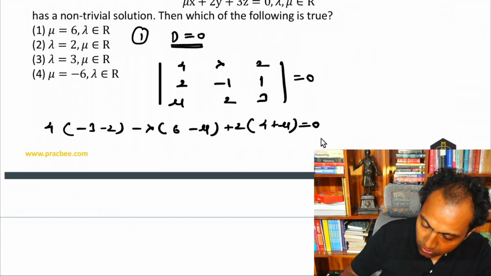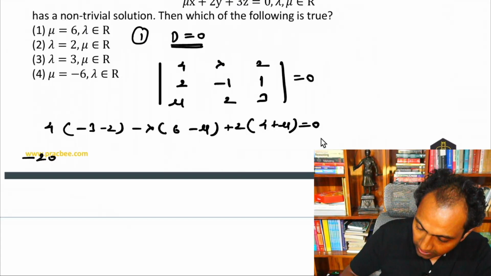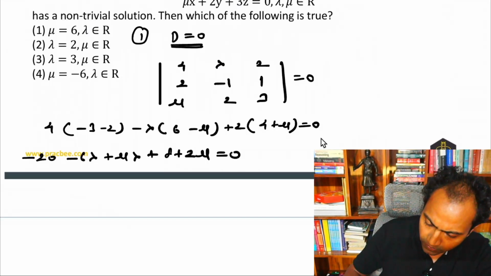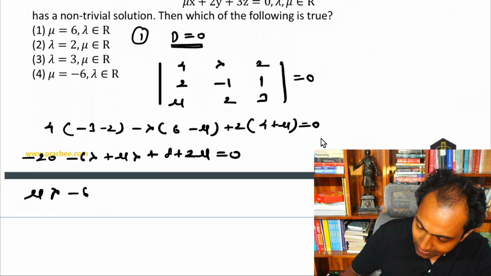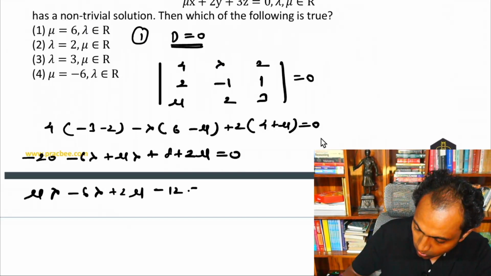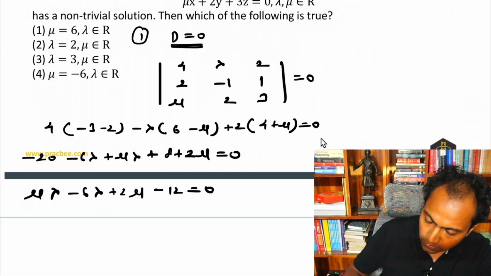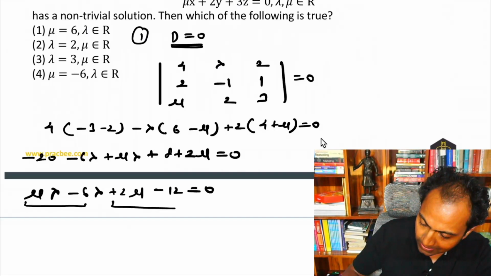If I simplify this, the first part becomes minus 20, the second becomes minus 6 lambda plus mu lambda, next is 8 plus 2 mu, equal to 0. If I rewrite, this is mu lambda minus 6 lambda plus 2 mu minus 12 equal to 0. Out of these terms, it is easily factorizable.